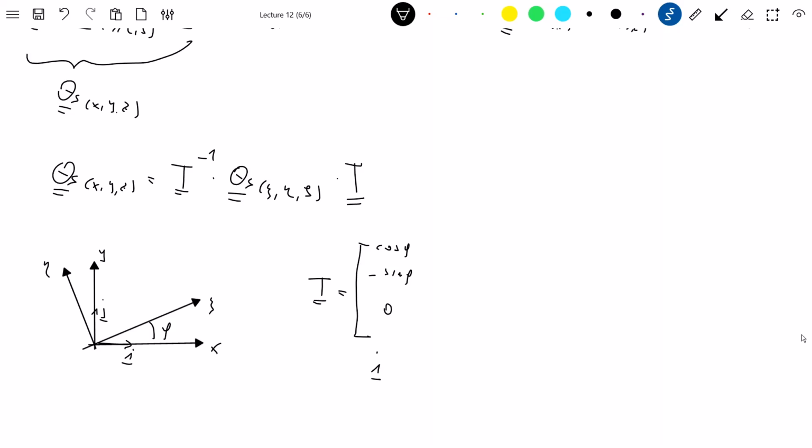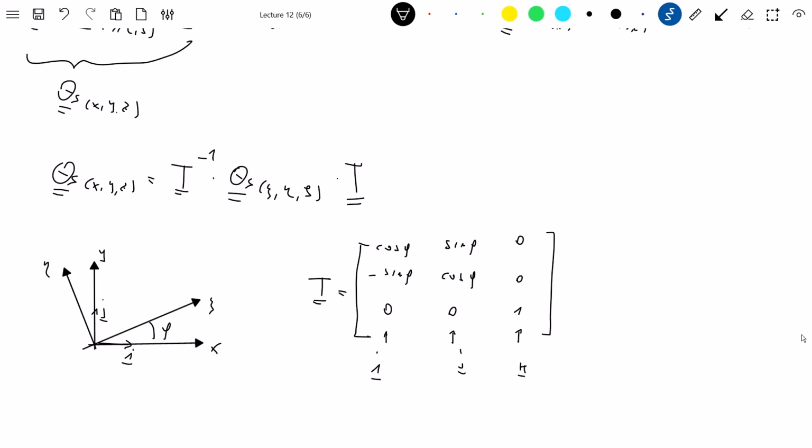Here we have the j versor, so we have sine of φ, cosine of φ and then 0. And here we have the k versor, so we have 0, 0, 1, okay?